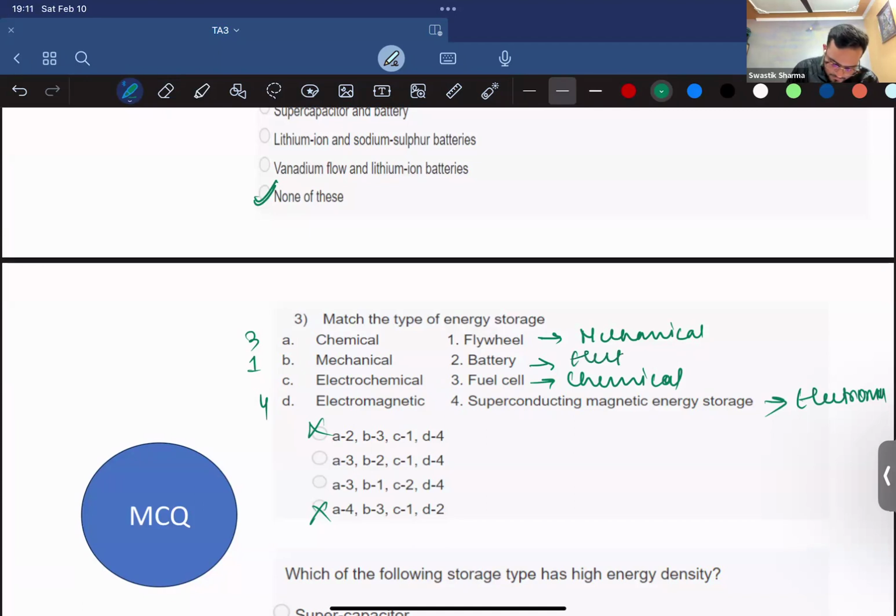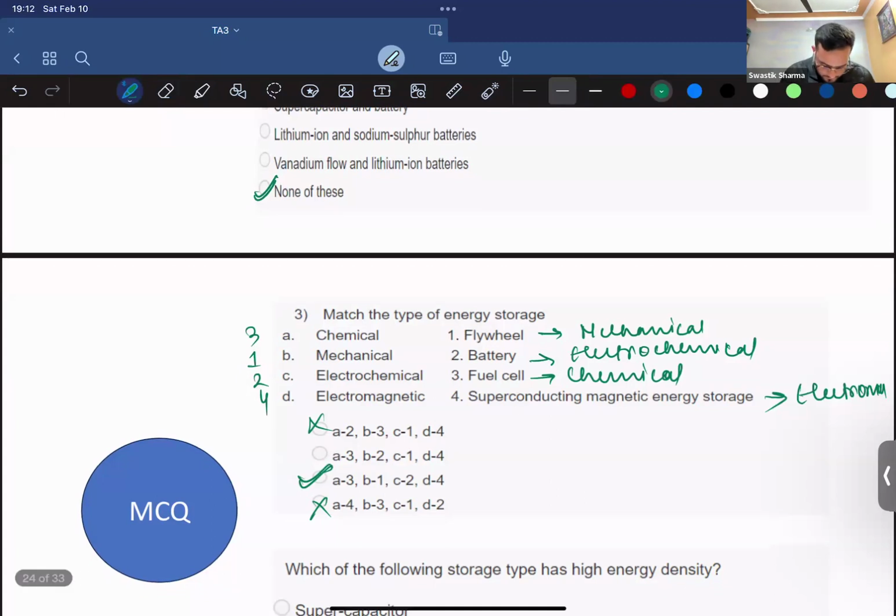Battery is electrochemical. And C2. So you have A3, B1, C2, D4. So your third one is correct. Yeah, C is the correct answer.